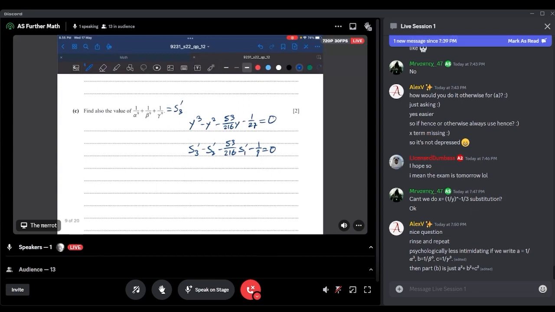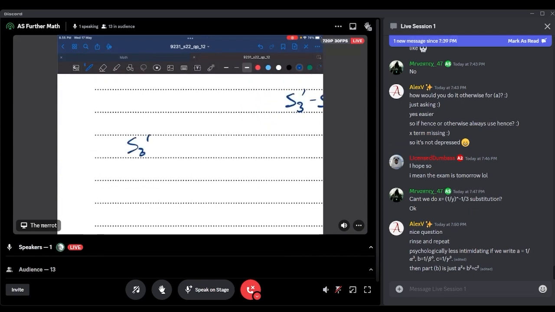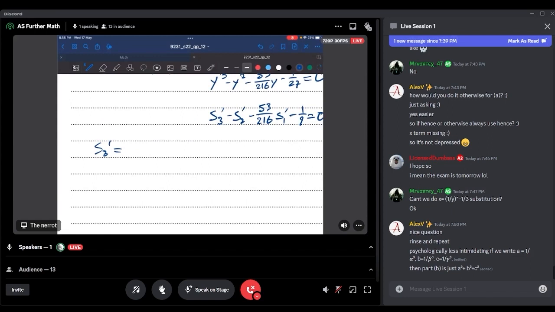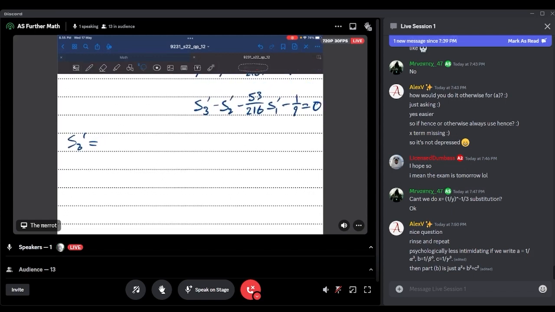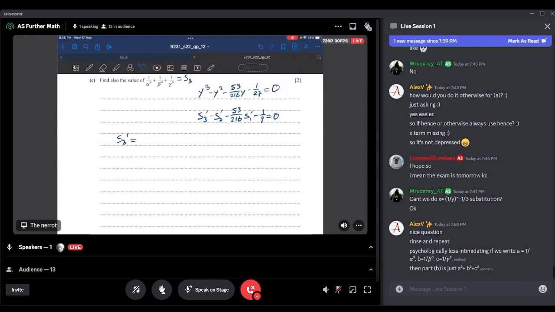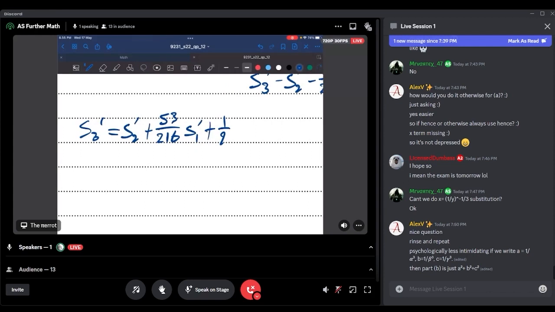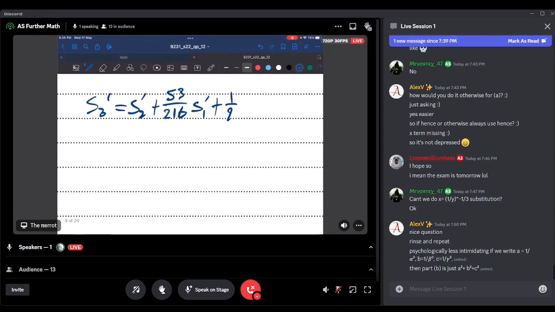And now, if you find S3 prime, just transfer everything to the other side and solve for S3. So S3 prime is, when you transfer everything to the other side, basically. I'll just steal this guy. And plus, you just have to put S2 prime, S1 prime.